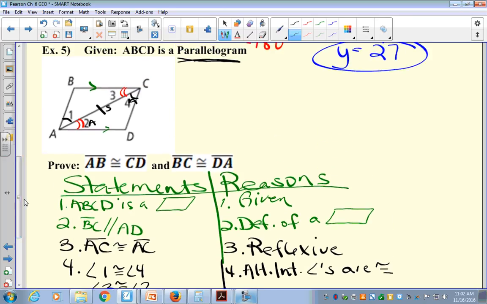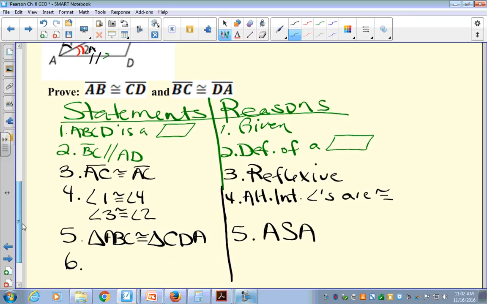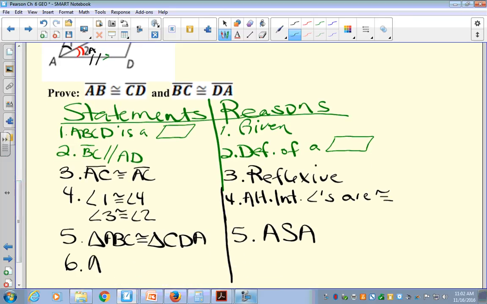AB is congruent to CD and BC is congruent to DA because corresponding parts of congruent triangles are congruent. So AB congruent to CD and BC congruent to DA.